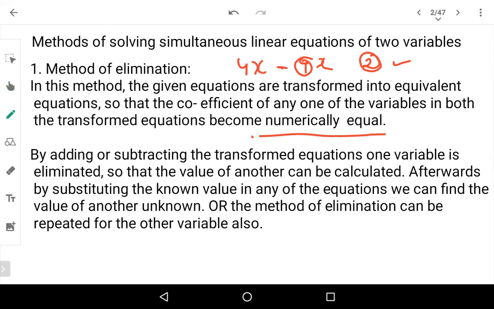Then I can subtract 4x minus 4x and remove the x variable completely, which means I am eliminating one variable completely. The one variable can be x or it can also be y. Once I remove the x variable, I am left with the y variable in the equation. That y variable, I am going to solve along with the constant, whatever I get.